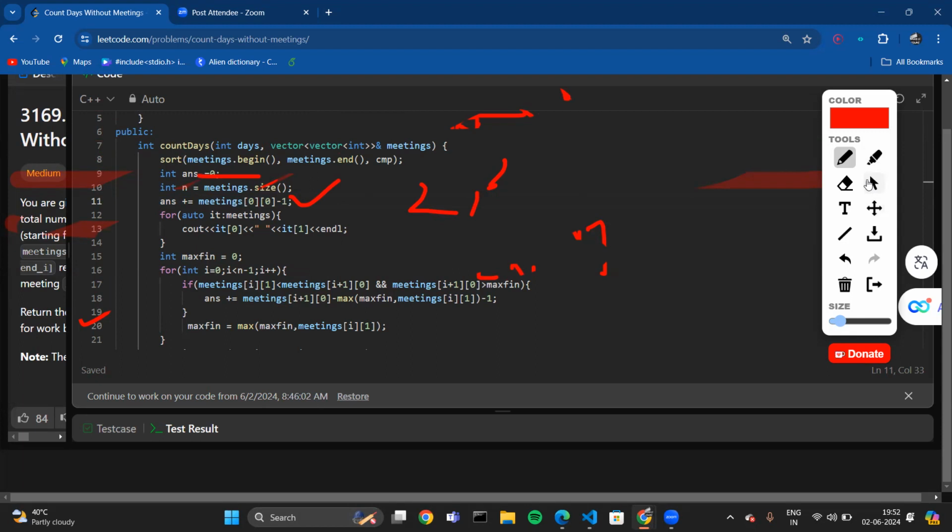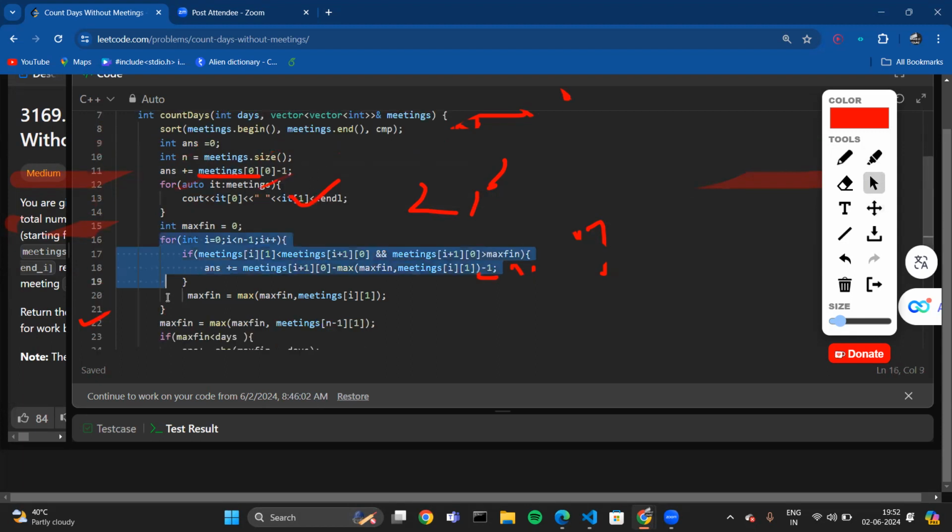Then I will go in the entire array and check for such conditions. Which conditions? Non-overlapping conditions. For example, one interval is 1 comma 3, another was 5 comma 7. Here there is a possibility that there might be an overlap.